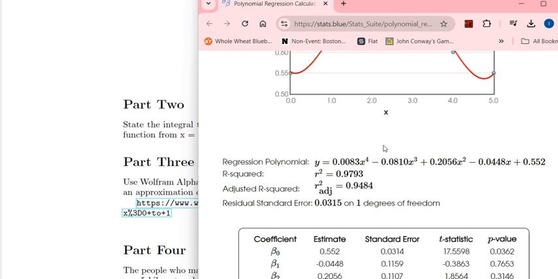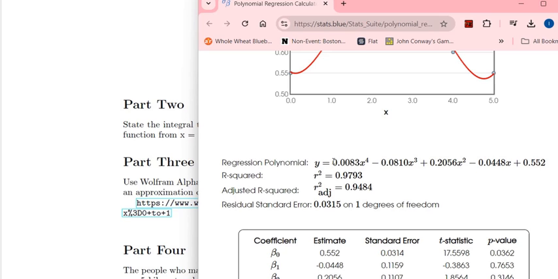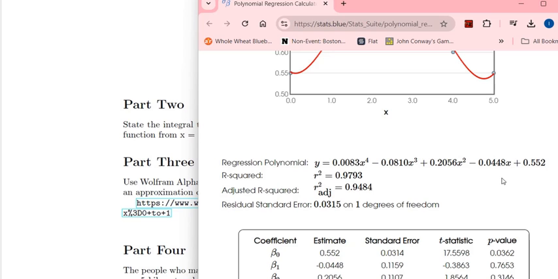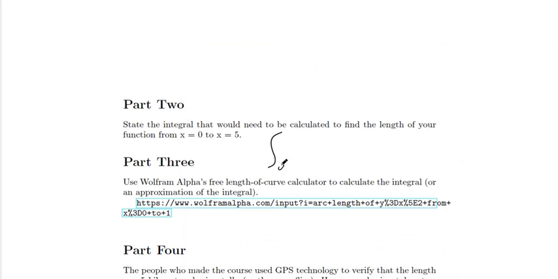I'm sure you're familiar with it from what you've done for homework this week: we want to state the formula for the length of a curve, but instead of using the derivative of f(x) in that formula, you can find the derivative of f(x) yourself, right? Because it's just a polynomial. So for the second part, you're stating the formula for the length of the curve from 0 to 5, this arc length.